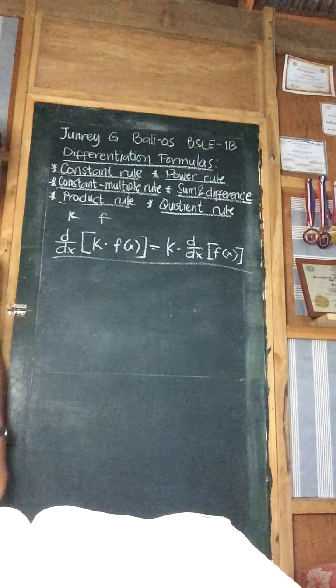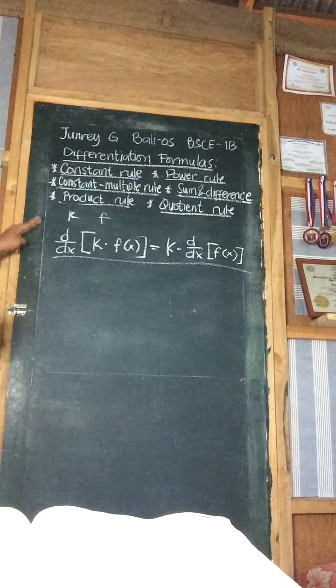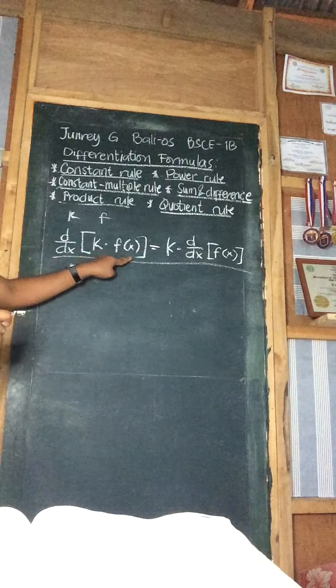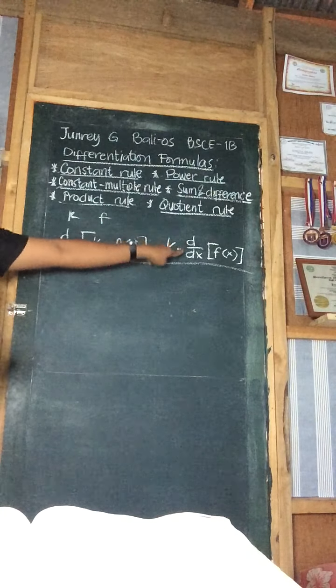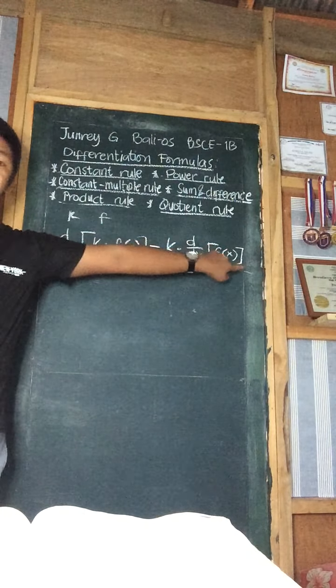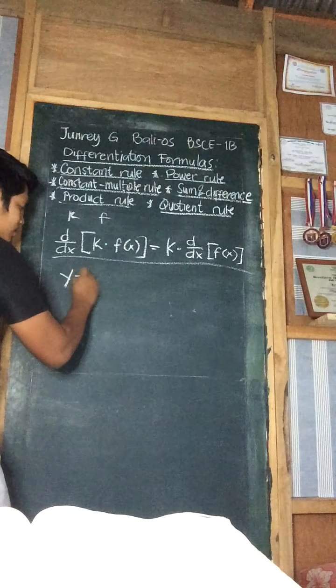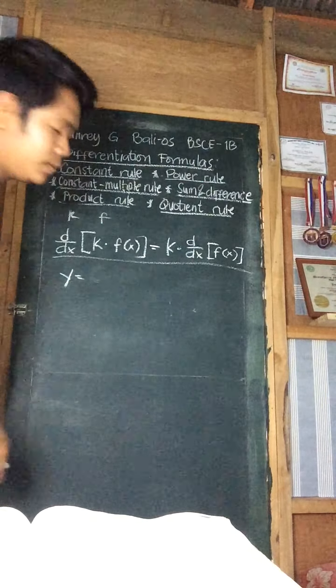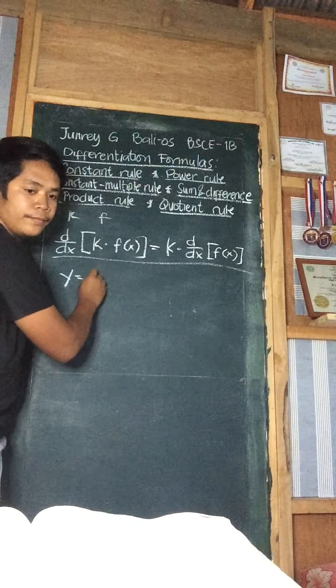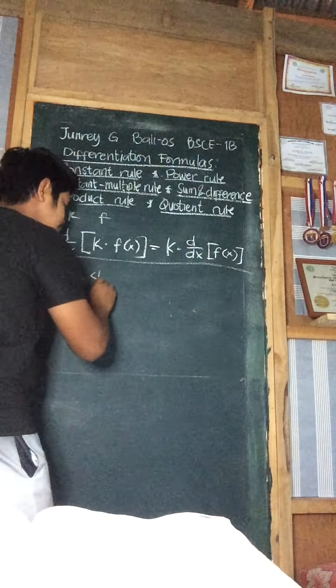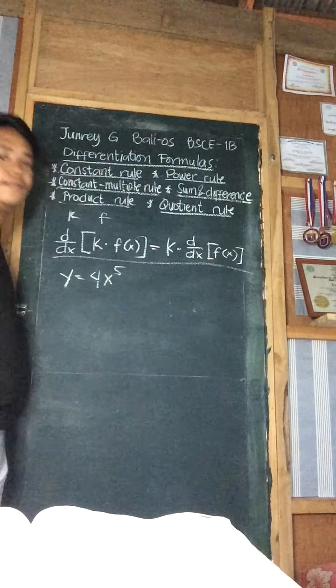D over dx, or the derivative of k times f of x, is equal to k times the derivative of f of x. So let me give an example. Let me have this: y is equal to 4x raised to 5.